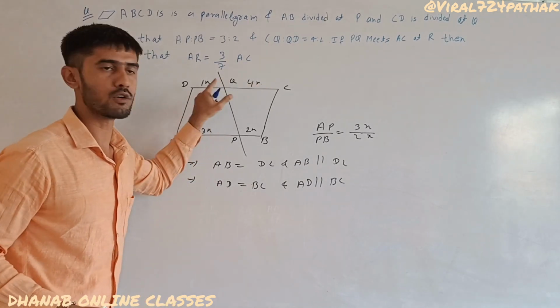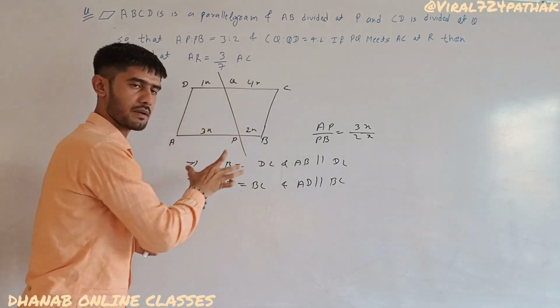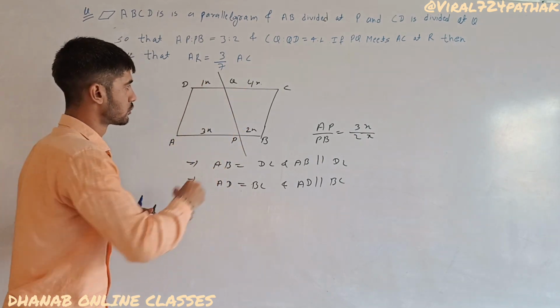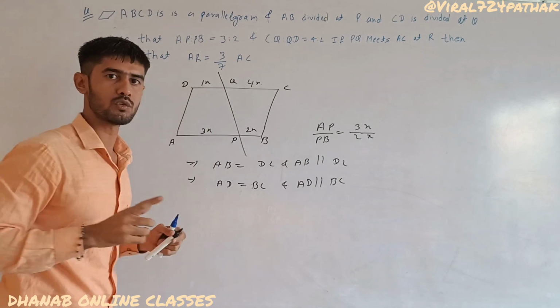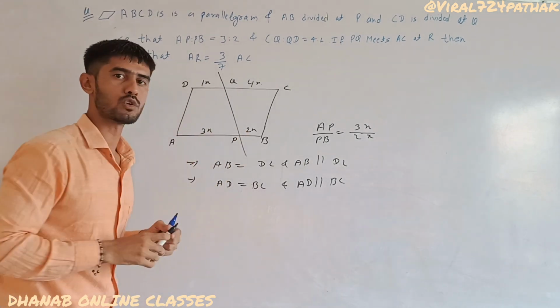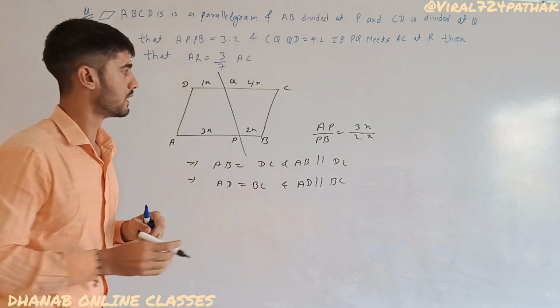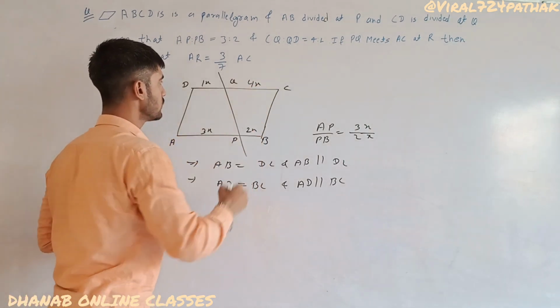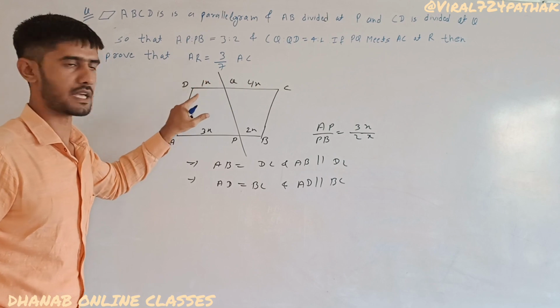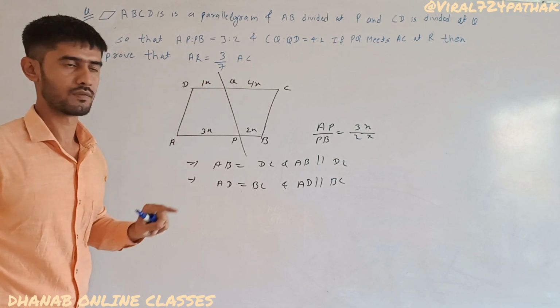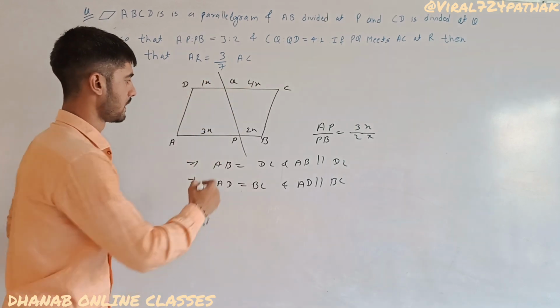There should be y also, but this length is the same. 4x plus 1x equals 5x and 2x plus 3x is also 5x. So the number which cancels out will be the same in both, so there will be 4x and 1x, not 4y and 1y.